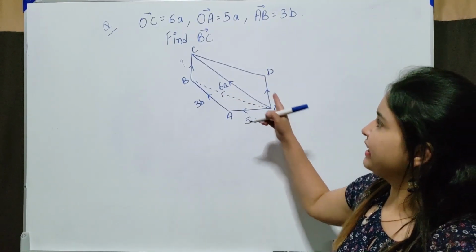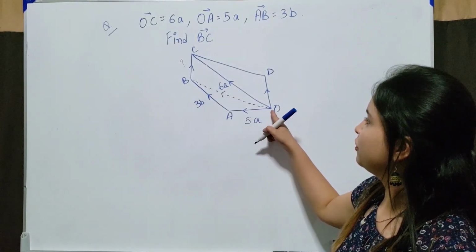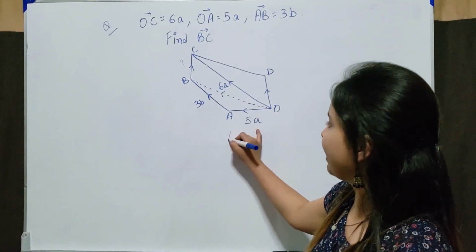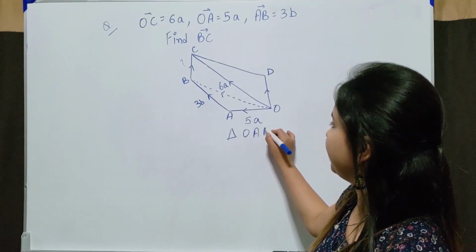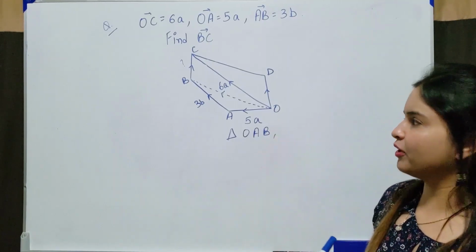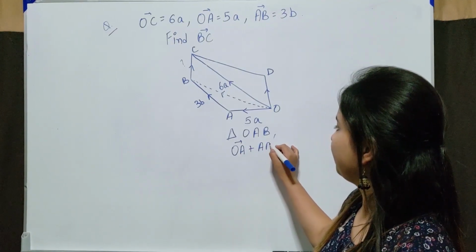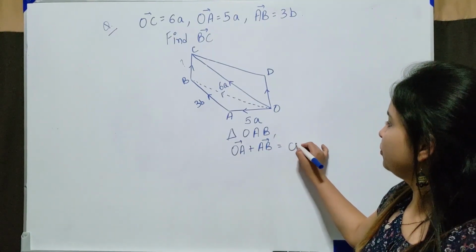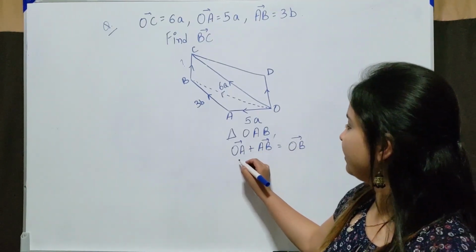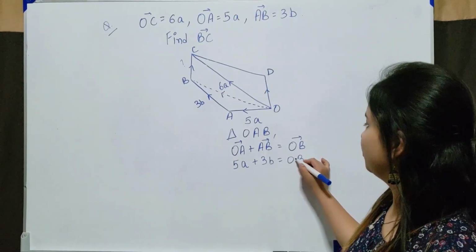In order to find BC, I should first know the value of OB. So first I will use triangle OAB. Which two sides are going in the same direction? OA plus AB is equal to OB. Now what is OA? 5A plus 3B is equal to OB.